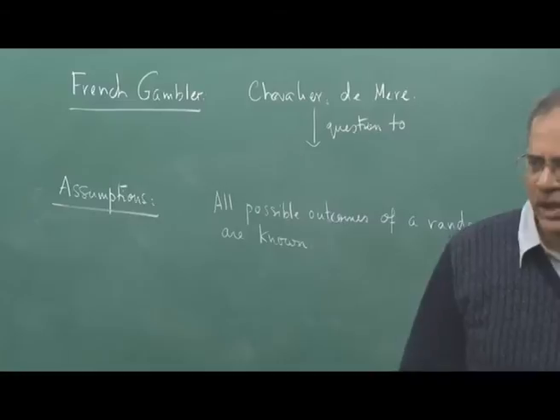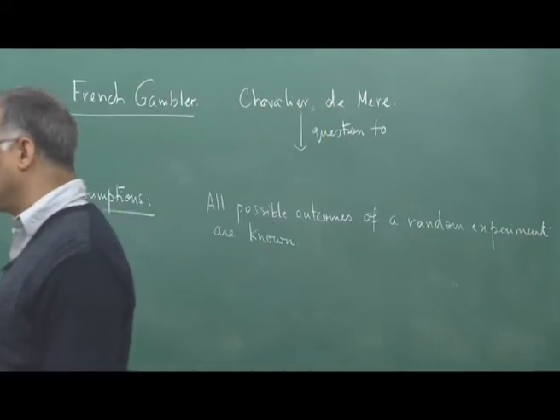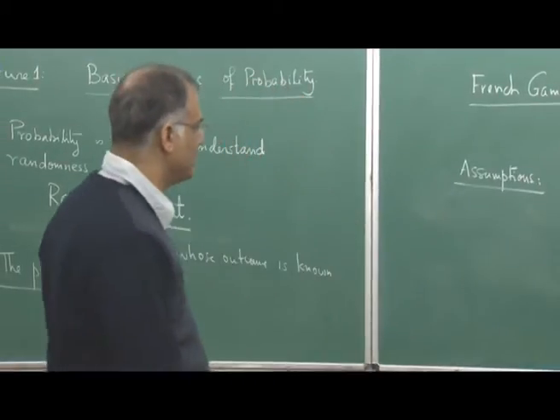For example, if I throw a die, I know there are only 6 possible outcomes. On the face there will be either 1 dot, 2 dots, 3 dots, 4 dots, 5 dots or 6 dots, there cannot be anything else.